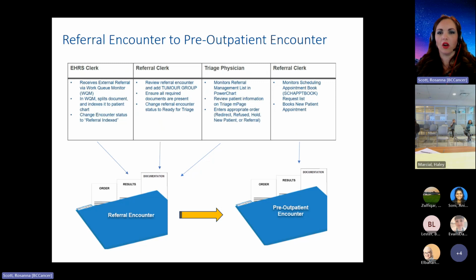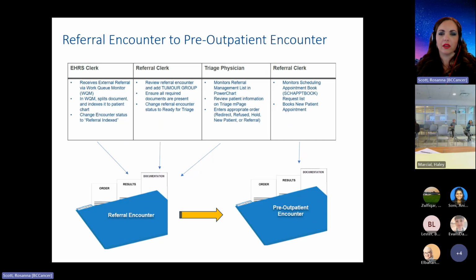So the oncologist then knows to assess and either accept, redirect, refuse, or hold the referral. Again, all this information is stored in this referral encounter. And then the clerk will see, once the referral is accepted, can book the new patient appointment.